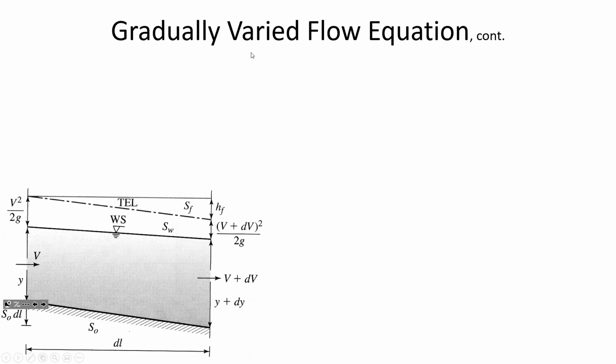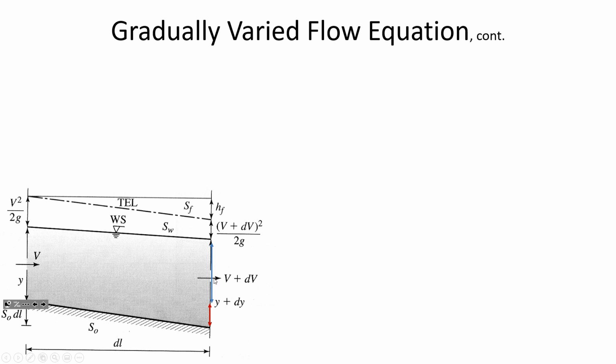So what the gradually varied flow equation says is that this depth is changing gradually. It's going to compare the depth of flow upstream to the depth of flow downstream, and do a little bit of accounting on the change in velocity and the change in depth. Like in this illustration, it's deeper downstream. There's the initial depth here in blue, and then the additional depth in red.